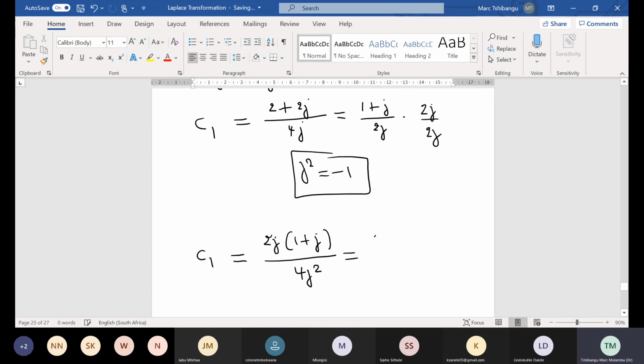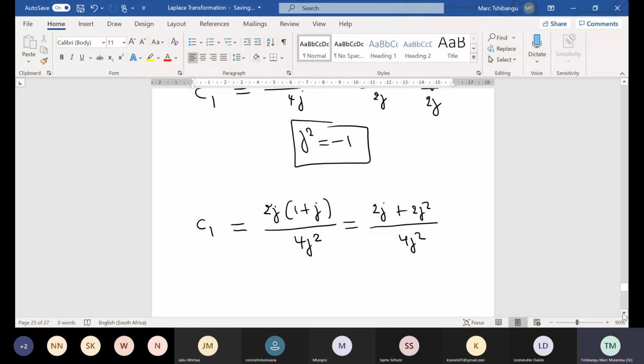This is equal to 2j plus 2j squared over 4j squared. Substituting j squared, -1. So you're going to end up with 2j plus 2 into -1 over 4 into -1.